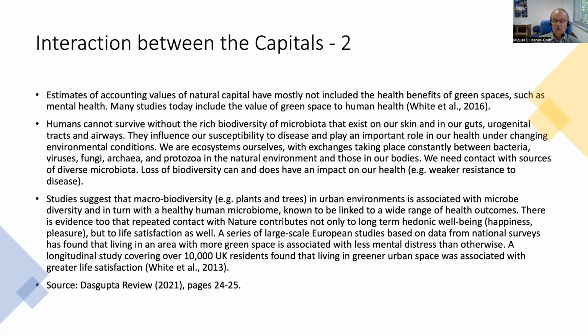We can recuperate from stress situations. And there was a lot of work done in the UK on green urban spaces and greater life satisfaction. This is also why we like, for example, to take holidays frequently, hiking, walking, moving our body in natural spaces. This is a capital. This is a natural capital.